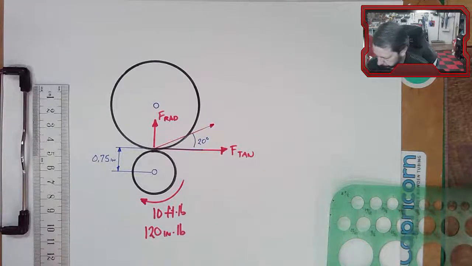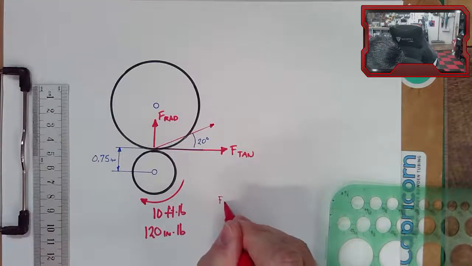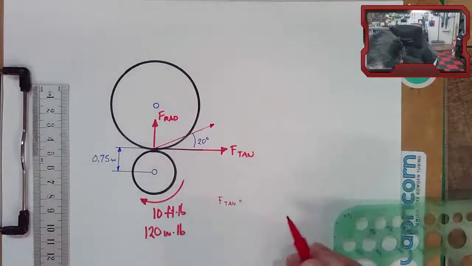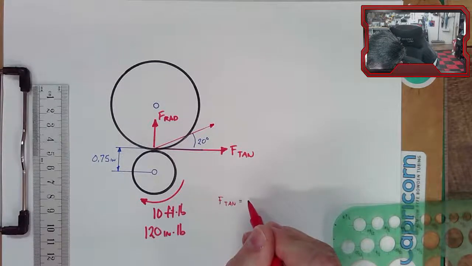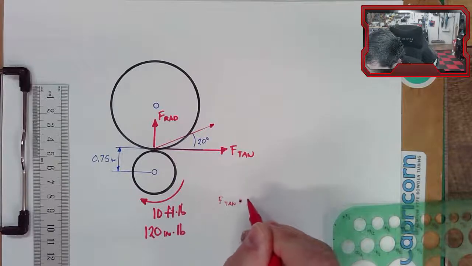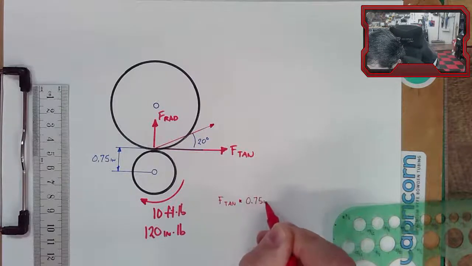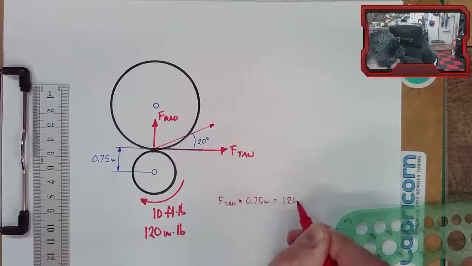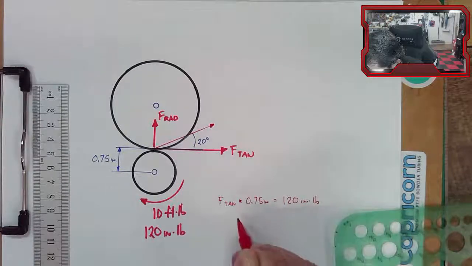Let's write those down. F tangential times 0.75 inches equals 120 inch-pounds.